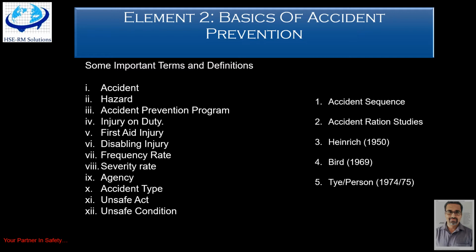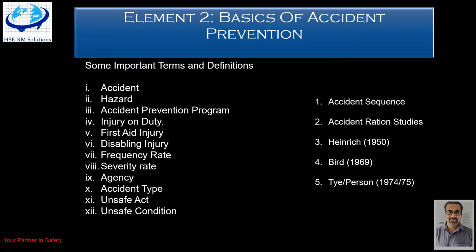This is a hazard. Hence, any condition that may result in the occurrence of or contribute to the severity of the accident is called a hazard. So ultimately what you need to understand is what is causing it. Anything that has a potential to cause harm, that is what we say is a hazard.